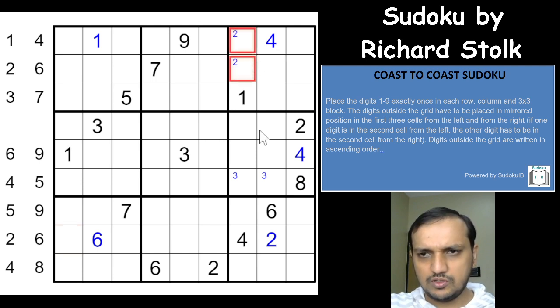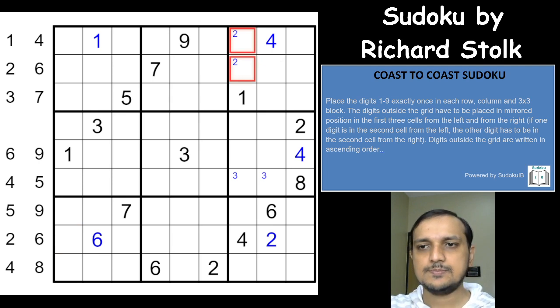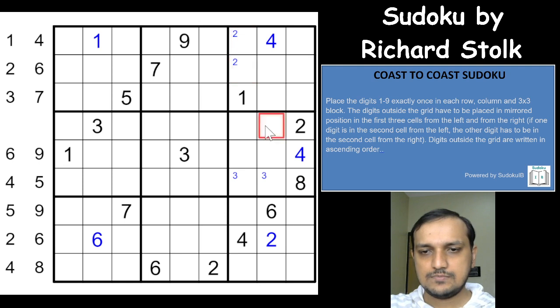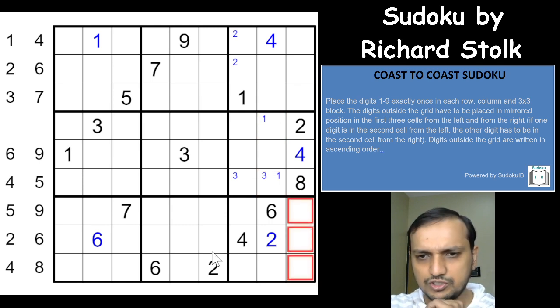which means 2 is in one of these 2 cells. One is in one of these 2 cells, right? So which means 1 would have to be in one of these 3 cells, not sure.